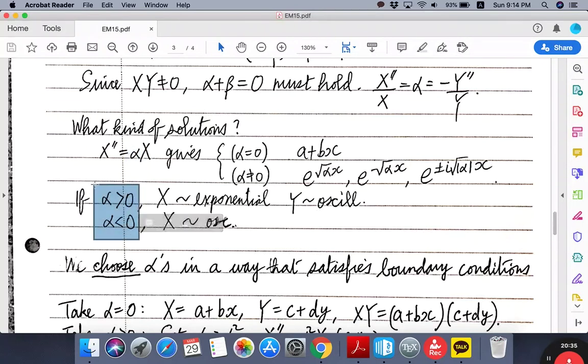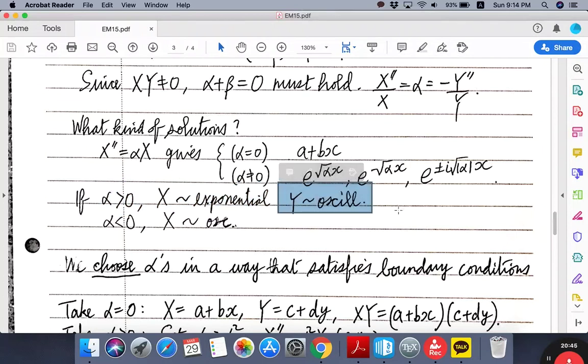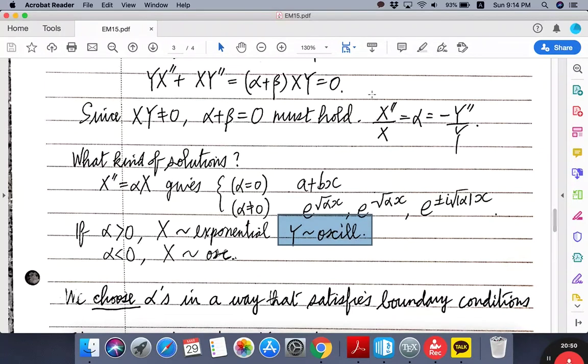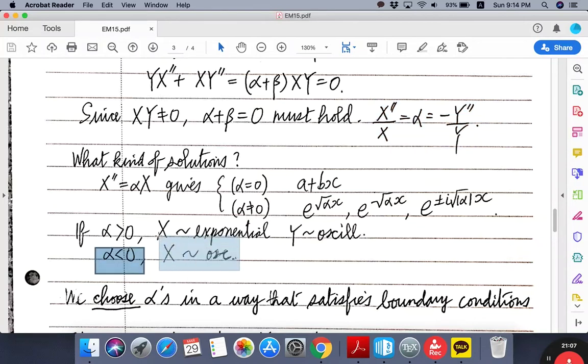So if alpha is positive, then the x solution will have an exponential character, while the y solution will have an oscillatory character. Because of this relation, if one function has an exponential character, then the other function necessarily must have an oscillatory character, and vice versa. So when alpha is negative, then x function becomes oscillatory and y function becomes exponential.